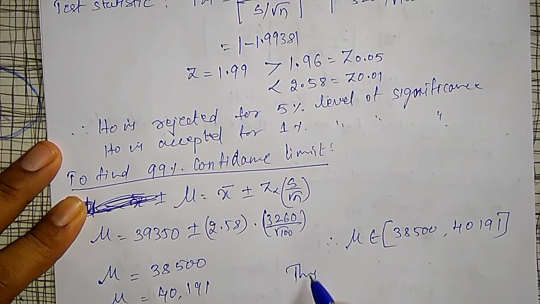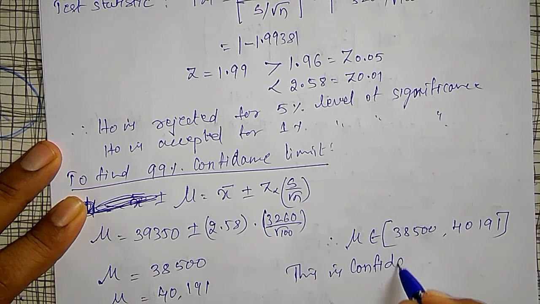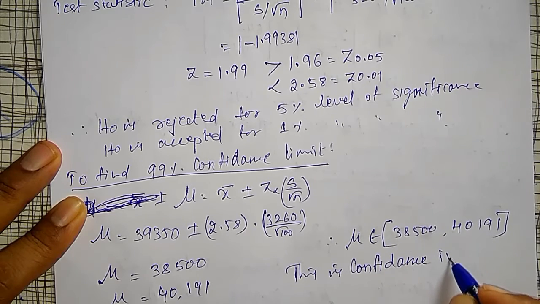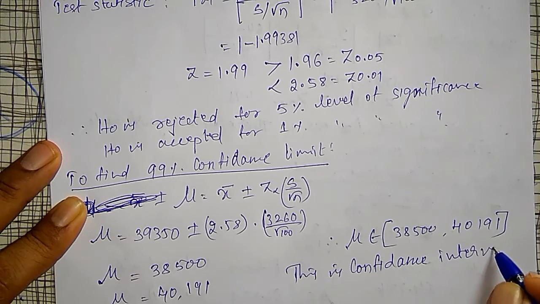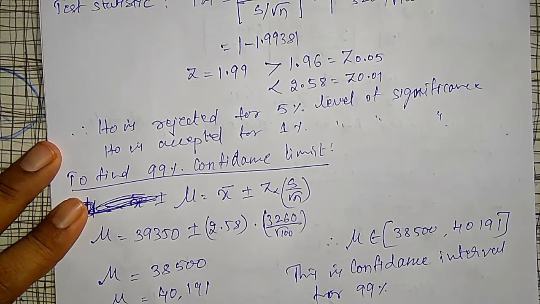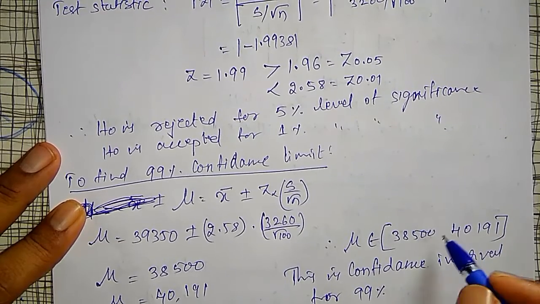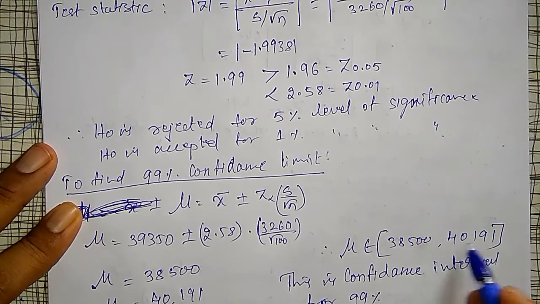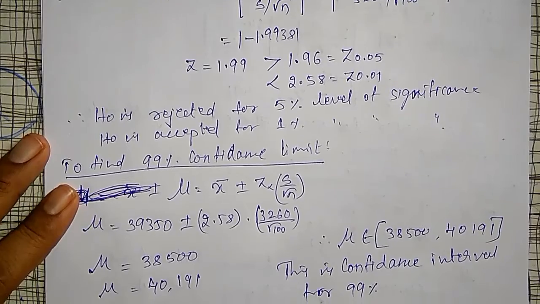This is the confidence interval for 99%. Therefore, if mu is lying between these two, then we are accepting for 99%.